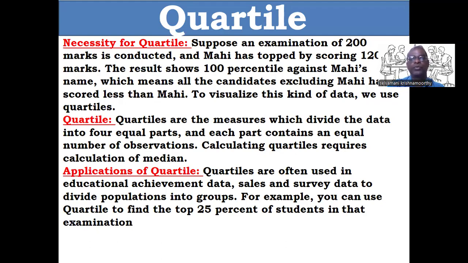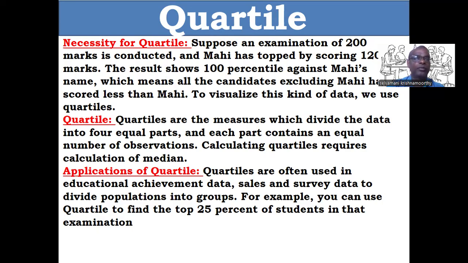The top scorer should be considered as 100 percentile against Maggie's name, which means all the students, excluding Maggie, who is the top scorer, have scored less than Maggie. To visualize this kind of data, we can use quartile. Is it clear? The top mark should be considered as 100 percentile.